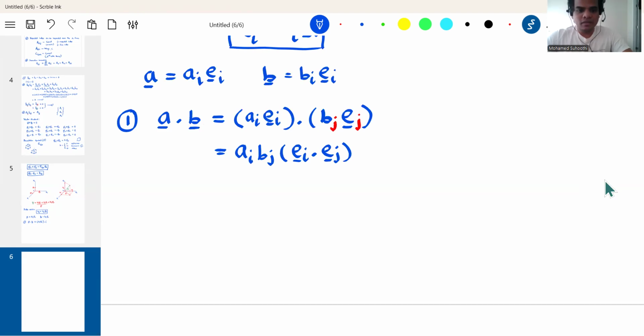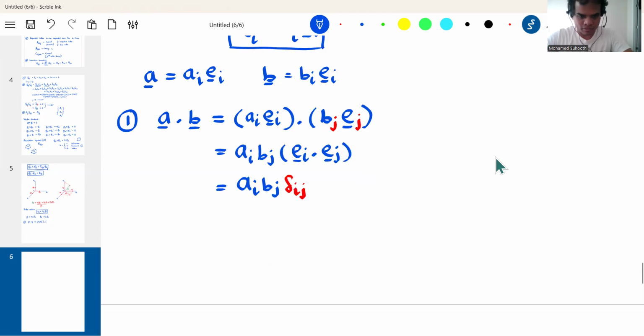Okay. So now this is ai bj. This we already studied, right? Dot product between these two. This is actually our Kronecker delta, right? Delta ij.